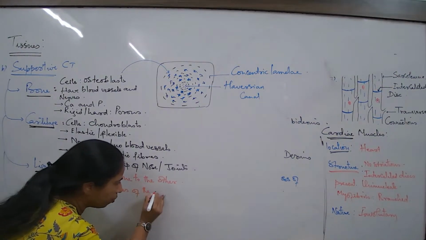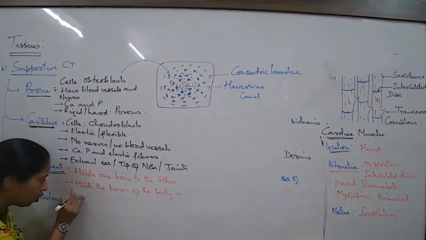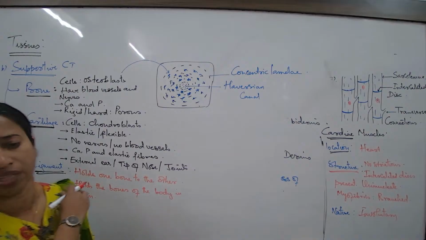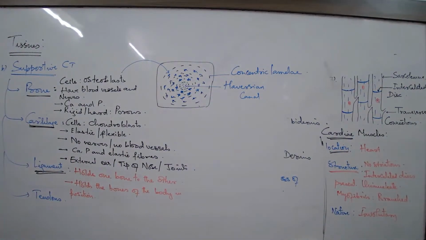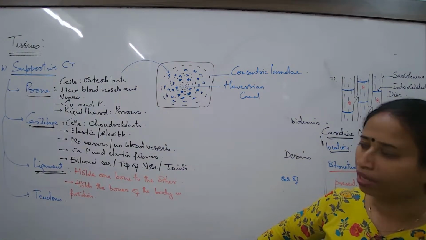It holds the bones of the body in position and prevents any sort of dislocation of the bone. Constantly the bones are in a fixed position and we can easily move the body. We can easily bend, walk, run, write, hold, lift. There's no problem at all. So the ligaments are the type of connective tissue which hold one bone to the other.